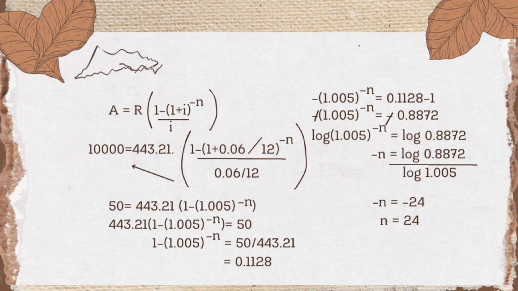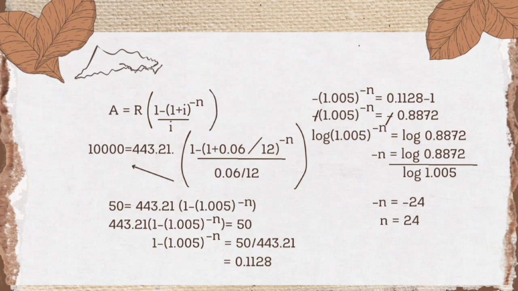So (1.005)^-n equal 1 minus 0.1128, that is negative (1.005)^-n equal negative 0.8872. Negative, negative, positive.